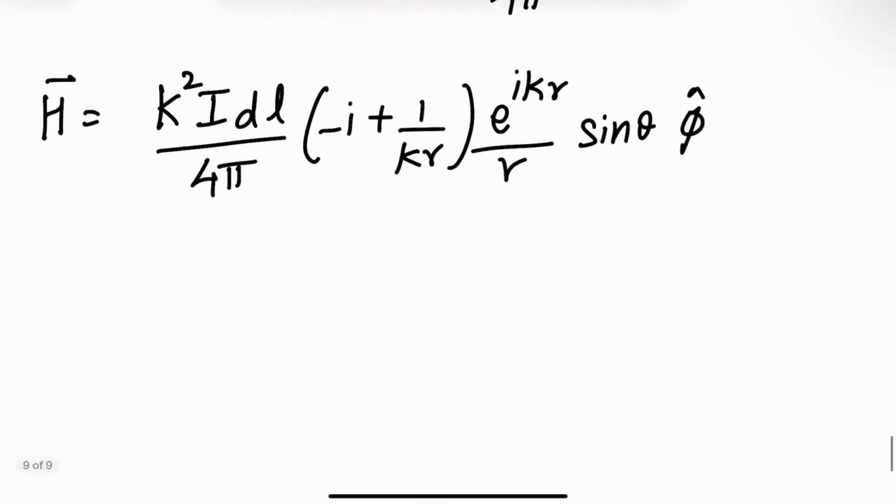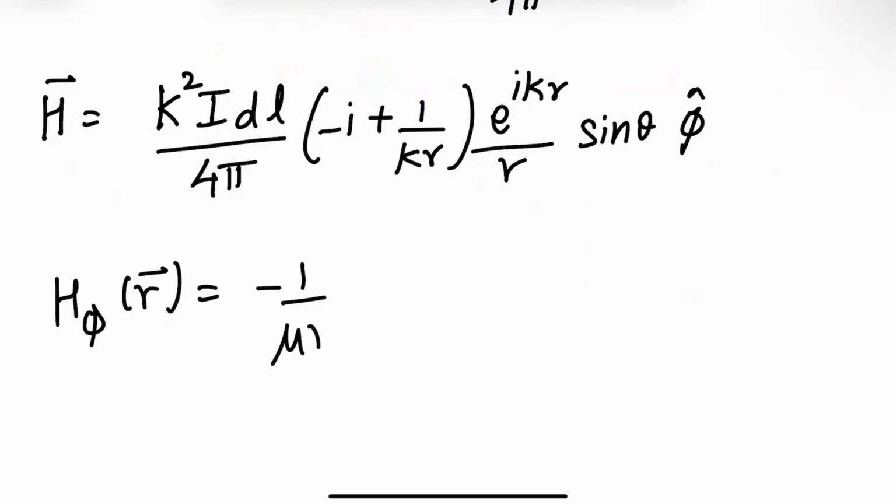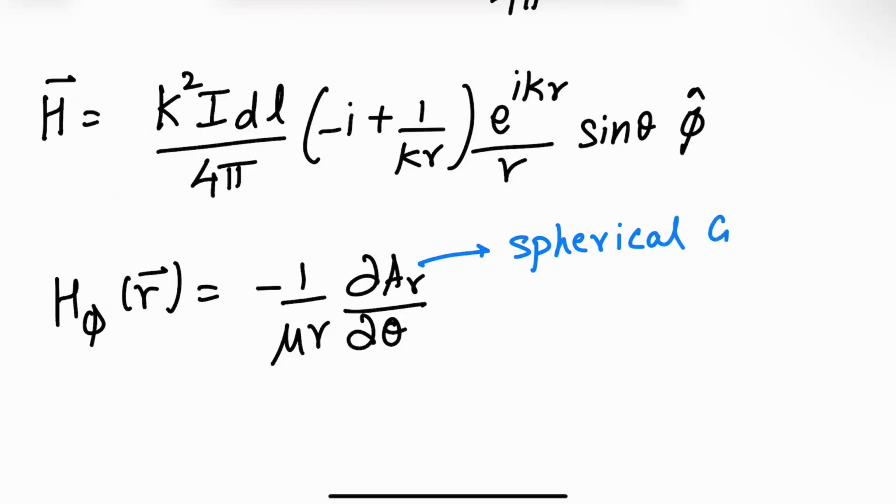Okay. And we know earlier we saw, or we didn't show this maybe, but basically H phi, the phi component, you can get from the spherical gauge using this expression over d theta. So this is the spherical gauge now. That's the vector potential under the spherical gauge. So it's important to keep track of them because gauge gives you a different potential, right?